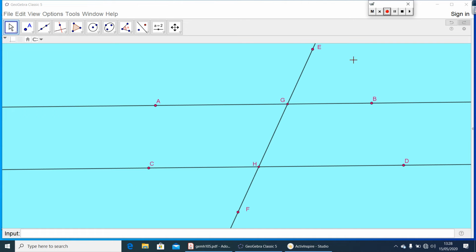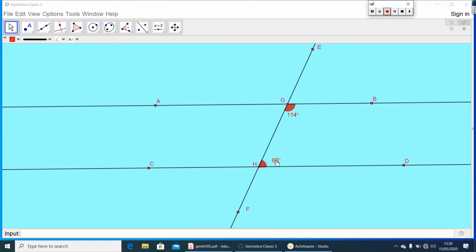Now let me take another pair of angles. Can you say what we can call this type of angles? Yes, these angles are interior angles on the same side of the transversal. Now let me measure these angles.